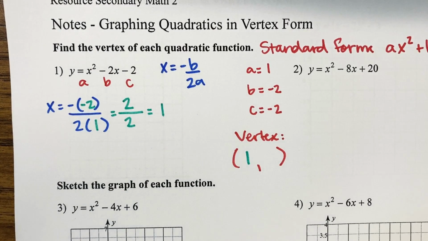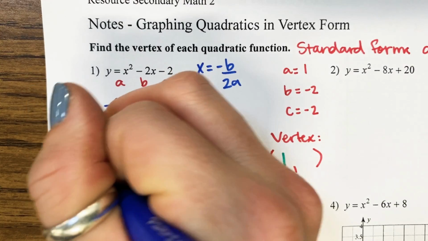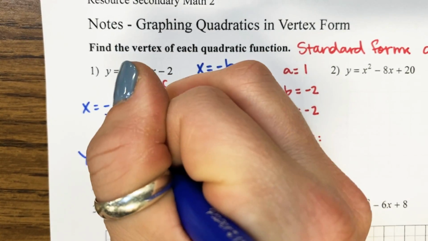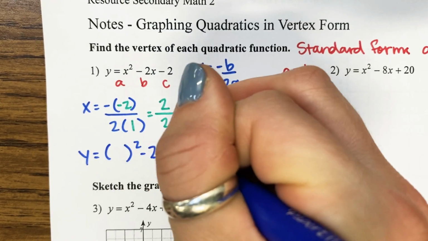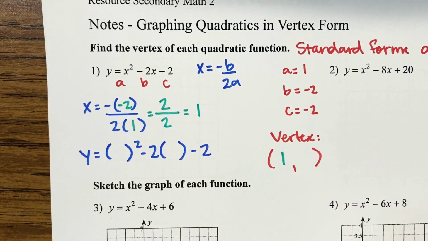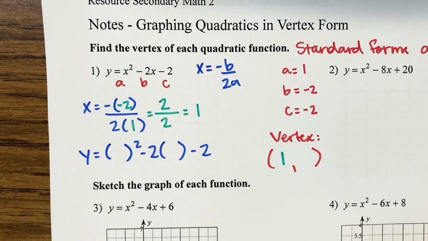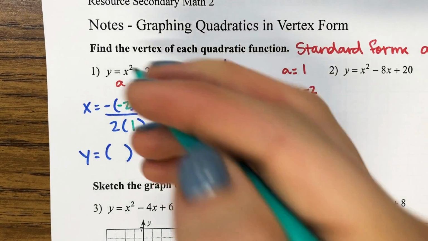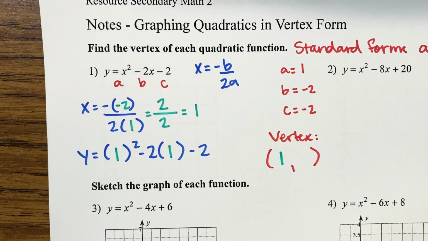So now I have y equals, and everywhere I see an x, I'm just going to put a space. X squared minus 2 times x minus 2. Everywhere we have a space, we're going to plug in that 1.